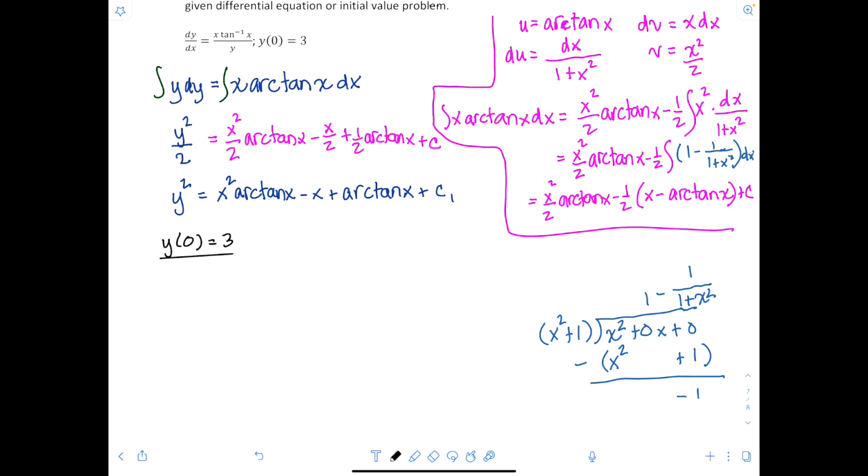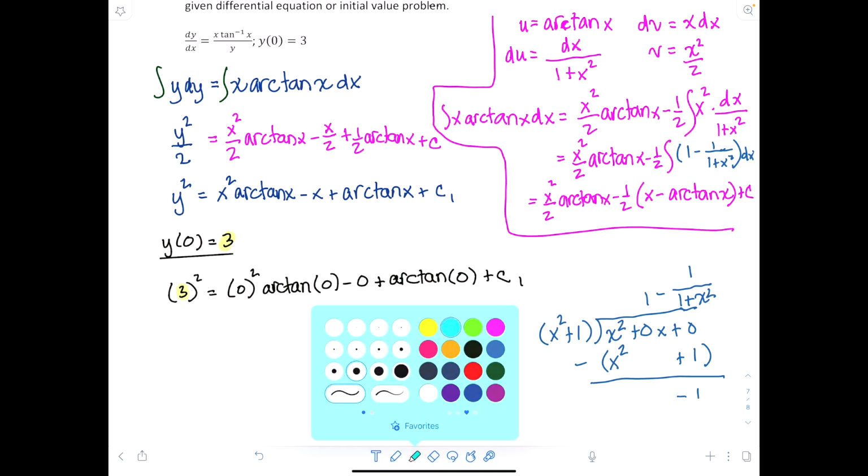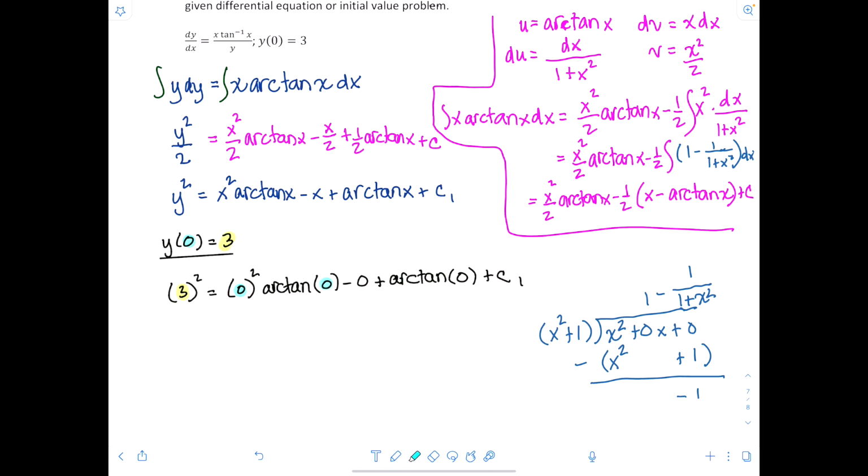So in for y, sorry, we'll put 3. So we'll have 3 squared equals 0 squared arctangent at 0 minus 0 plus arctangent at 0 plus c1. Just showing you what I plugged in where.